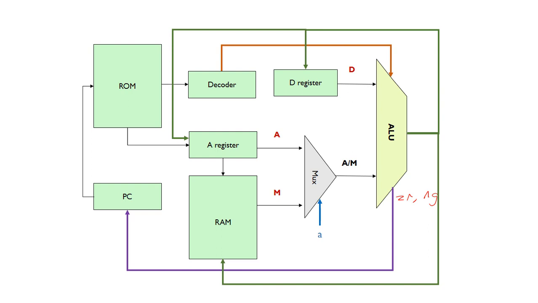Because if it's just going through the program as normal, the program counter is just going 0, 1, 2, 3, 4. We'll just keep fetching the next instruction in the ROM. But if we want to do a jump, we might want to jump to a different instruction in memory, so we might want to execute instruction 0, 1, 2, then jump to instruction 5.